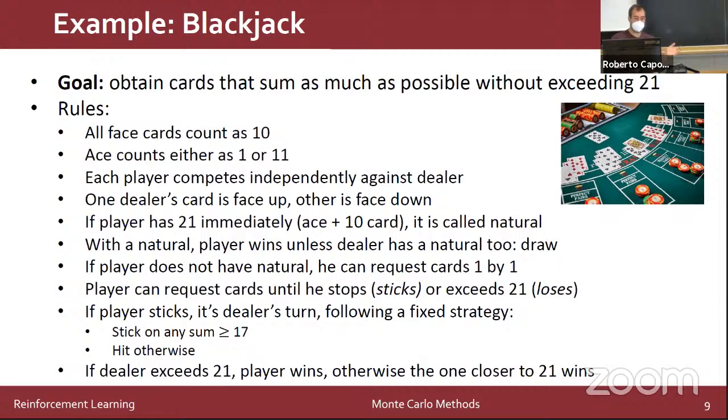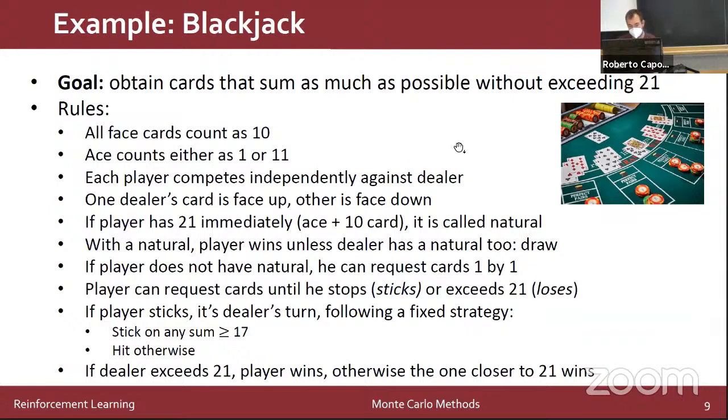There are a bunch of rules over here that define the way the game is set. All the face cards count as a 10, and aces count either as a 1 or as an 11. Each player competes against the dealer, so it's playing just against the dealer.